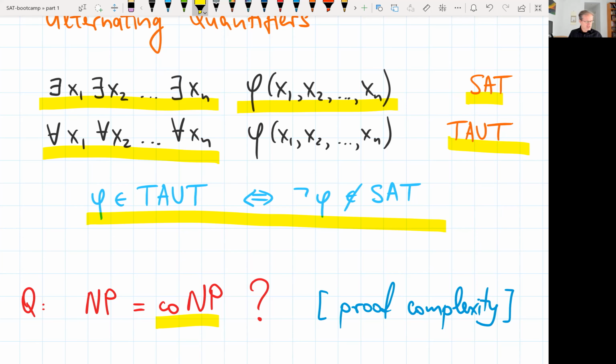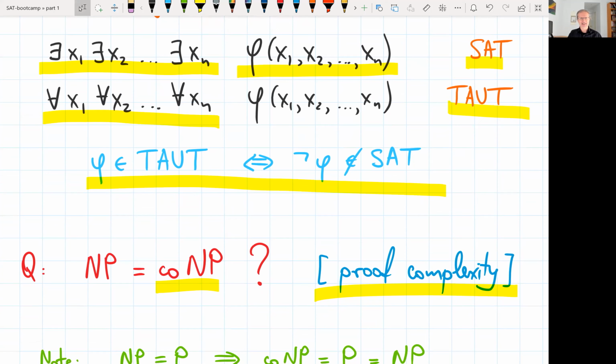And so the question whether NP is equal to co-NP has been a motivating question, and it was the initial question to motivate proof complexity, where people studied different proof systems, less general than the most general one captured by the class NP itself, and tried to study the relative expressive powers of those proof systems and prove that different proof systems are not that powerful, that there are certain tautologies that cannot be proved in those proof systems, or if they can, they require quite long proofs, super polynomial or exponential size proofs.